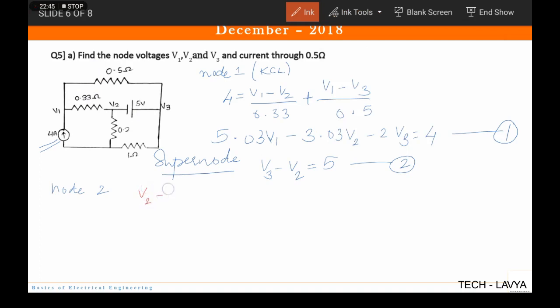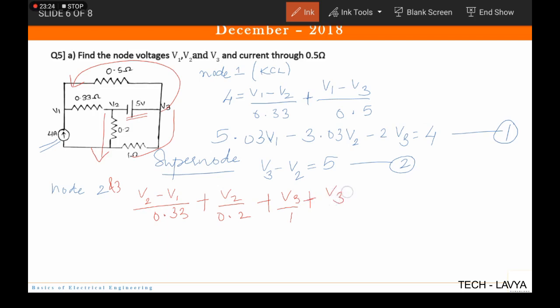Now here it will be V2 minus V1 upon 0.33 plus V2 upon 0.2, plus, because actually it is 2 and 3, I should write 2 and 3, V3 upon 1, plus V3 minus V1 upon 0.5.